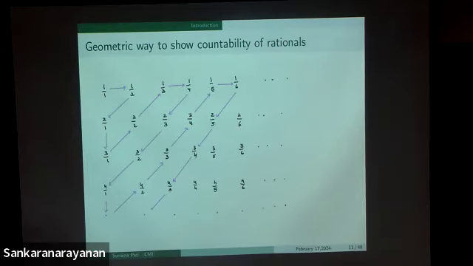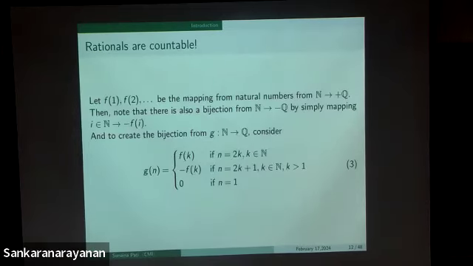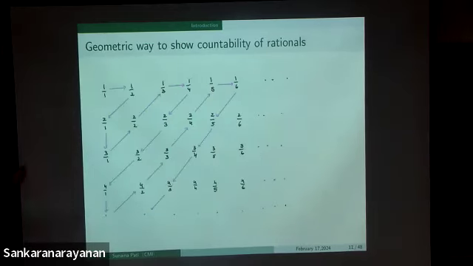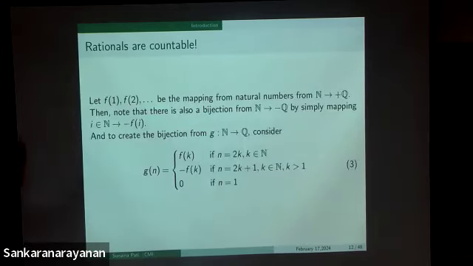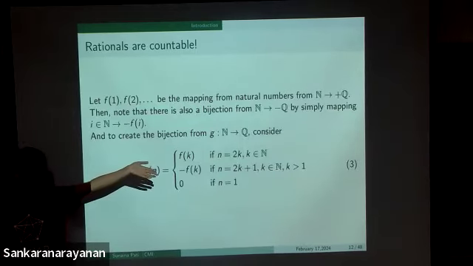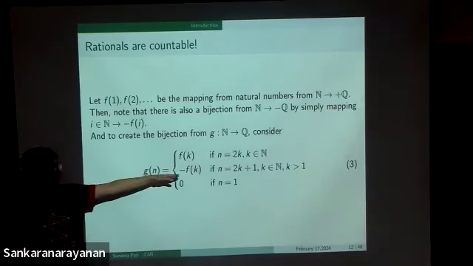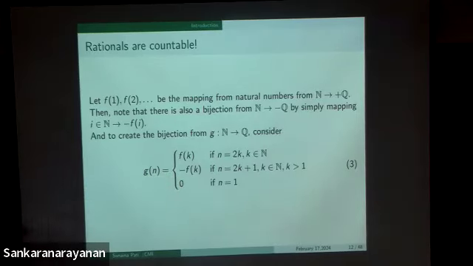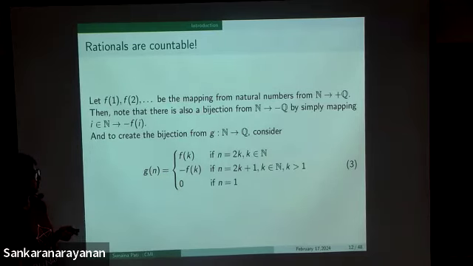Yeah, this was the mapping I was saying. So I know positive rational numbers are countable. I'll then consider this mapping, which is the same as this thing, just more rigorously written.